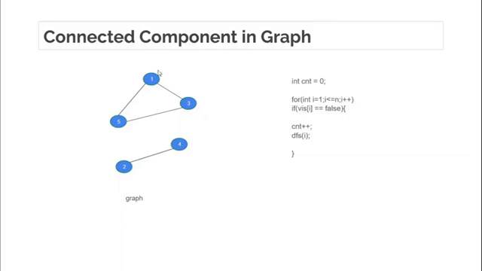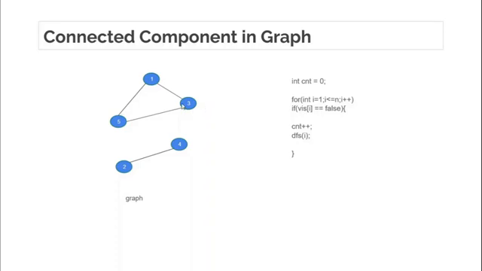When the whole connected component gets visited, all of the nodes in that connected component are marked as true, right? That means next time when i becomes either 3 or 5, visited of i will be true, and you won't make a DFS call to those nodes.